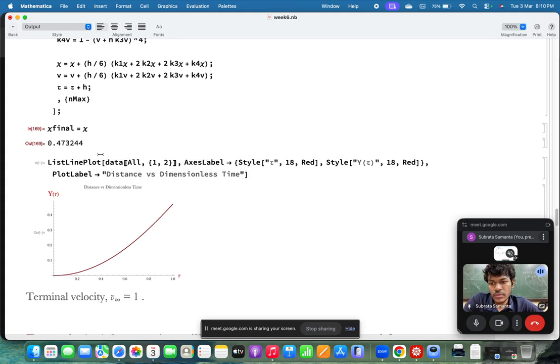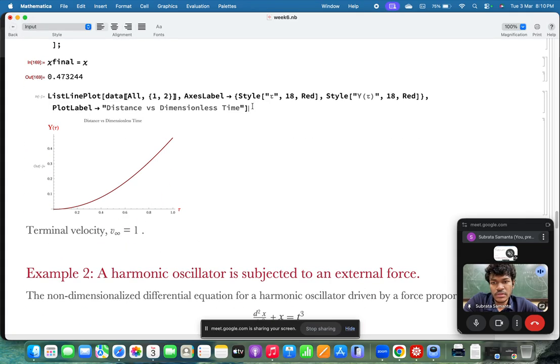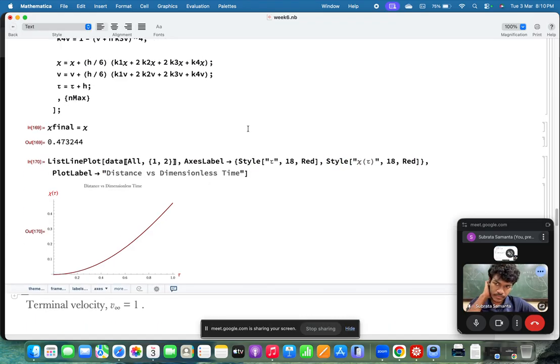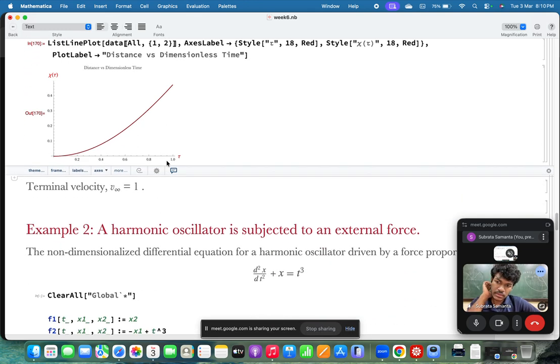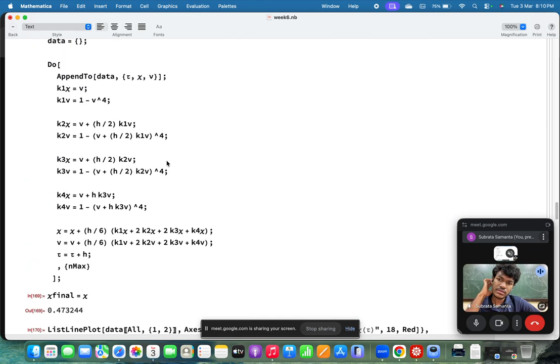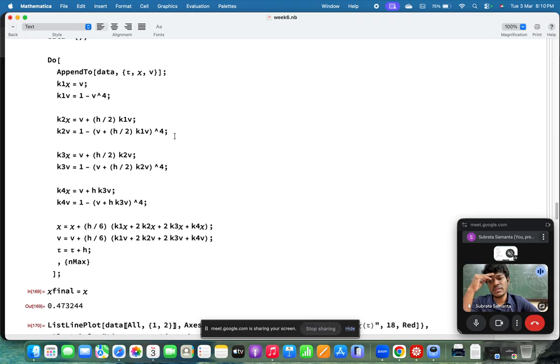So, you can also plot this, the same thing, you just plot data all, and 1 comma 2, the first one is your tau, and the second one is the displacement. So, this is basically your chi(t). And this is the different way I solve the same problems.